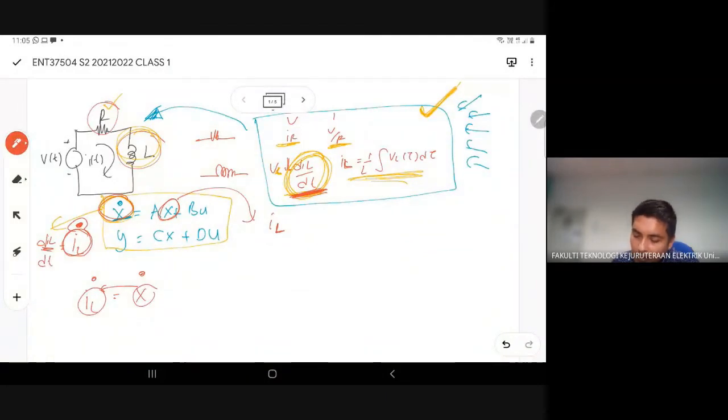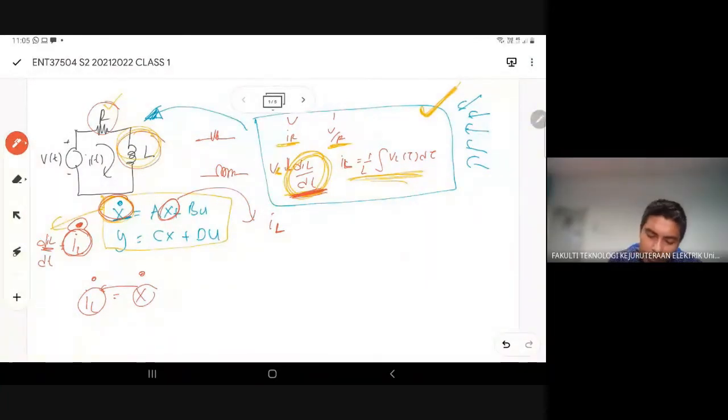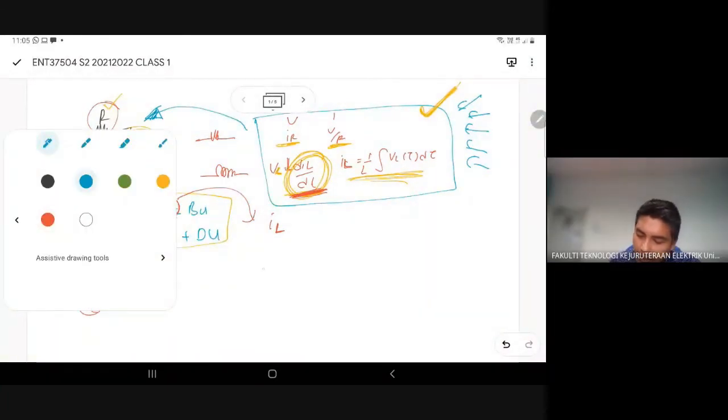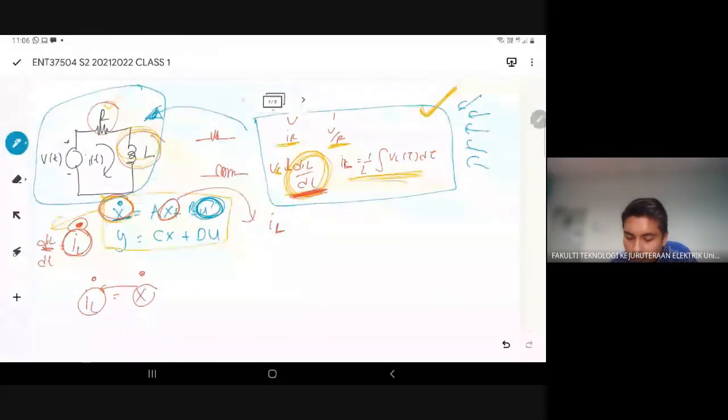Is it true? True. Okay. After that, based on the circuit, what is your input U?